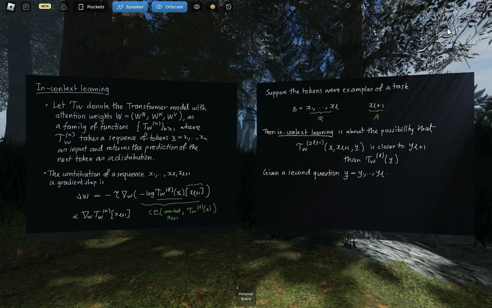Okay, so that's one way you can improve your predictor, is, if that's true, to provide the examples. Of course, another way to improve the function, given this information, is to take a gradient step.